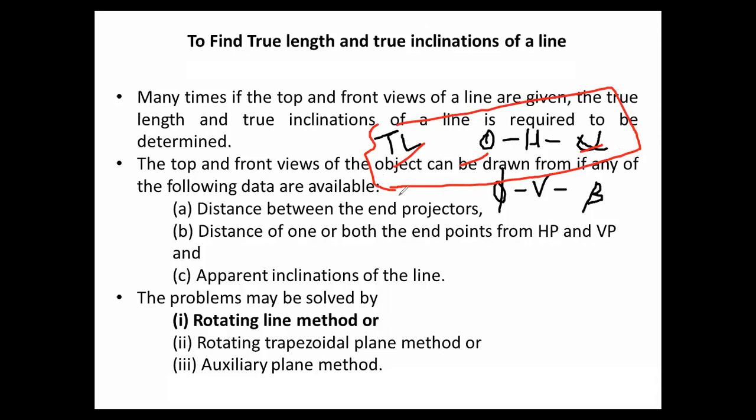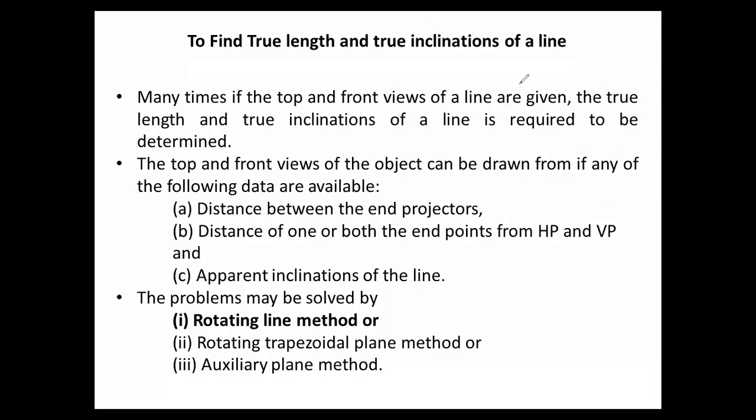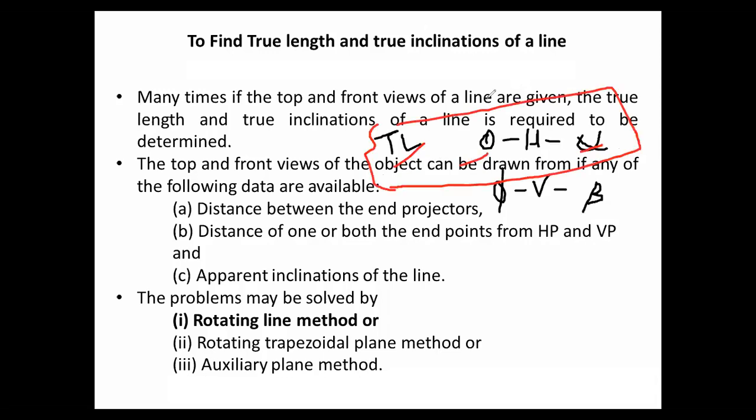Top view? Think again. Whenever you are having just two answers, it is the front view, because these angles are with HP, that you can see in the front view only. Considering HP, XY line becomes your HP.